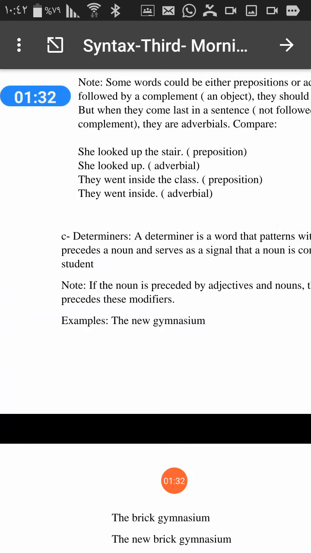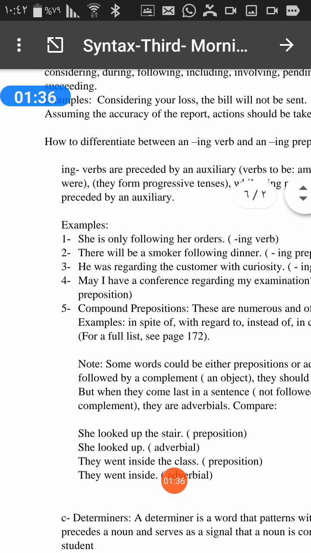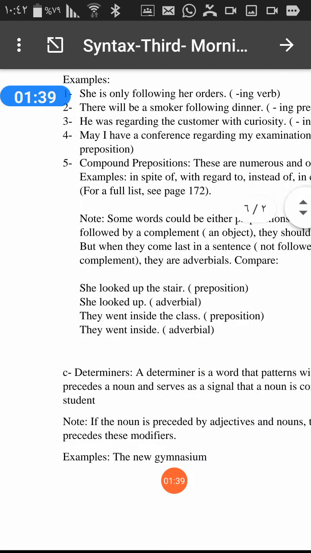So you see that when we say, she looked up the stair, now, how can we differentiate between a preposition and an adverb?